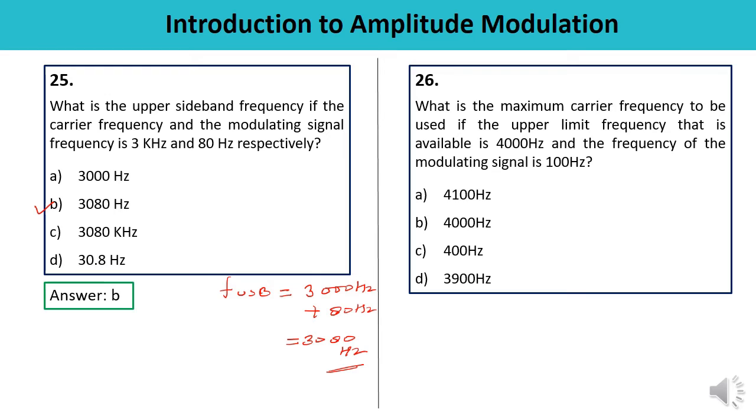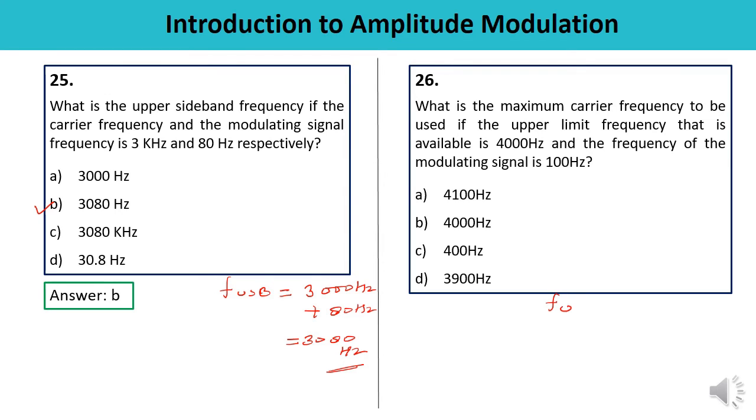Next, what is the maximum carrier frequency which is to be used if the upper limit frequency that is available is 4000 Hz, and the frequency of the modulating signal is 100 Hz? So what is the maximum carrier frequency which you have to calculate over here? You can calculate upper sideband frequency as carrier frequency plus the modulating frequency.